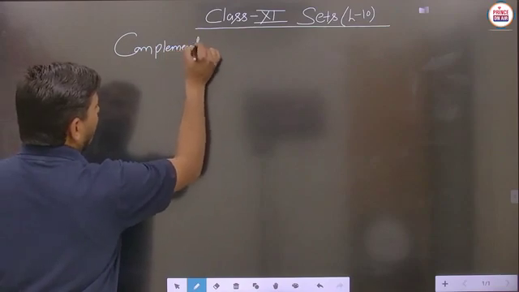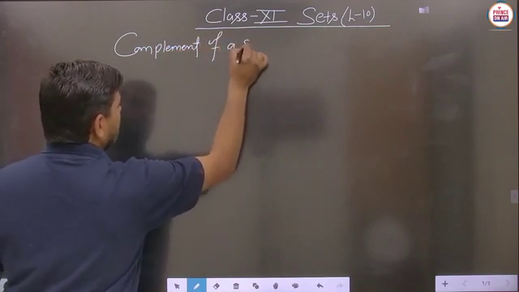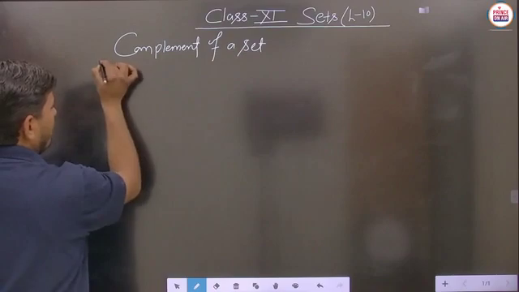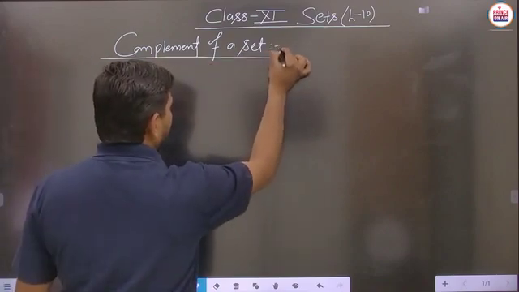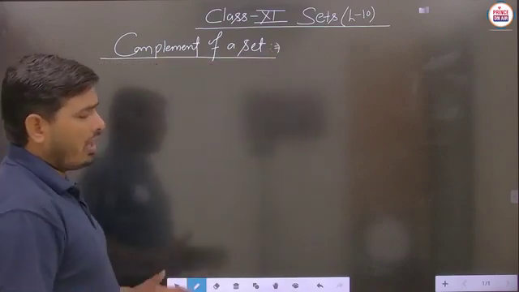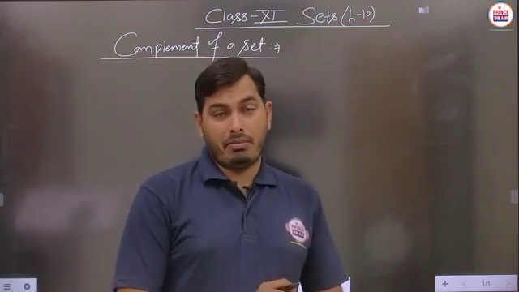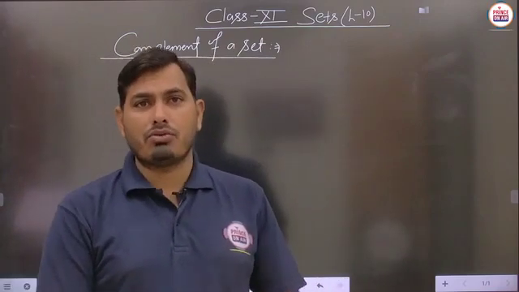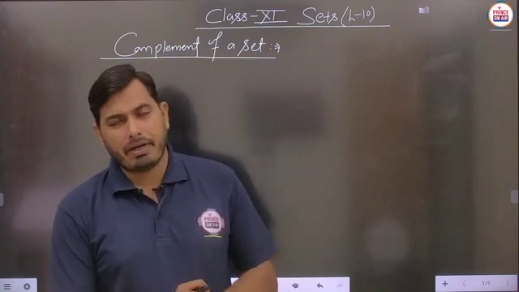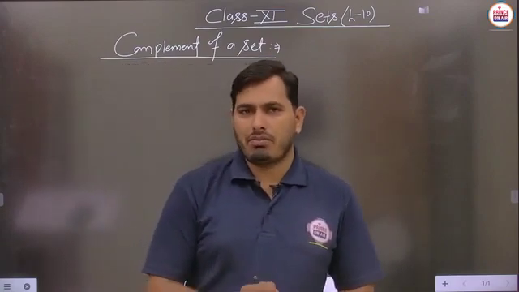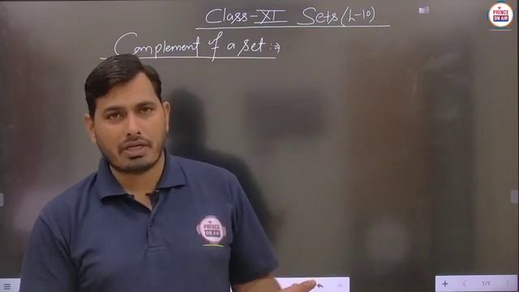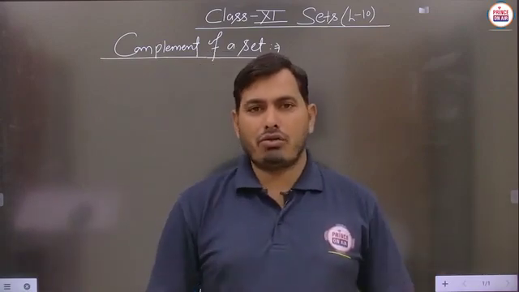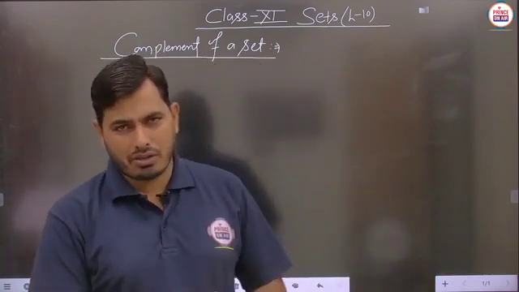Complement of a set means how the complementary set is defined, how it is observed, and how the Venn diagram is made for any complementary set. Sometimes it is known as the complement of a set, and sometimes as the complementary set. Is that clear?